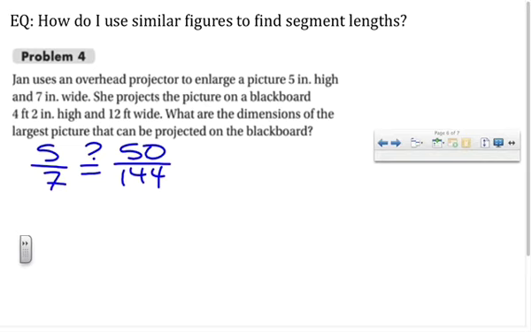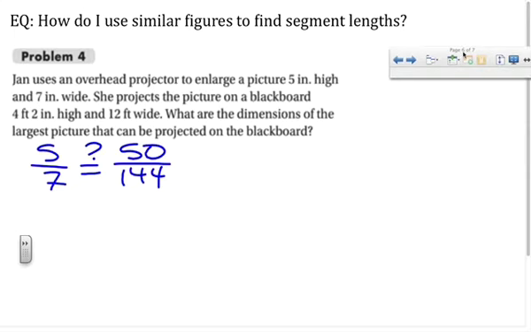Understand, however, that in one of those instances, I'm going to have some empty space on the blackboard, whereas in the other instance, it's not even going to fit the blackboard. Does that make sense? Okay, so we have to figure out which one fits on the blackboard.